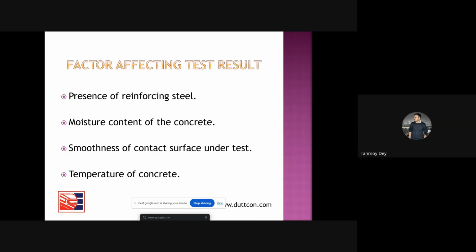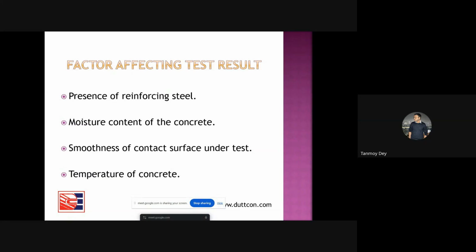As you know, the velocity of sound in steel is higher than in concrete, so the presence of steel may also affect the result. Accordingly, we have to be very cautious about the reading.